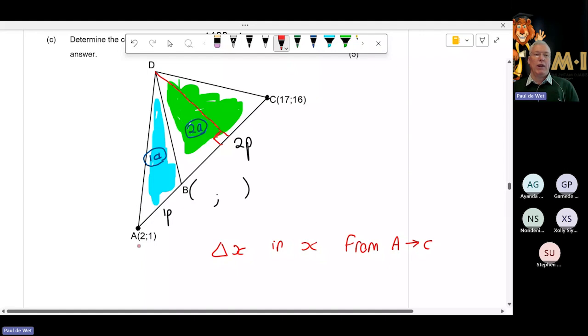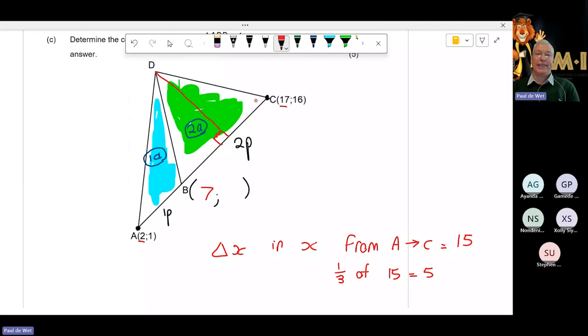When I go from A to C, what happens to my X value? How much does it grow? 15. What's 1/3 of 15? It's 5. Now guys, if I take 2 and I add 5, what do I get? 7. What is 2 lots of 5? It's 10, hey? If I take 10 off 17, what do I get? I get 7. Does it make sense?